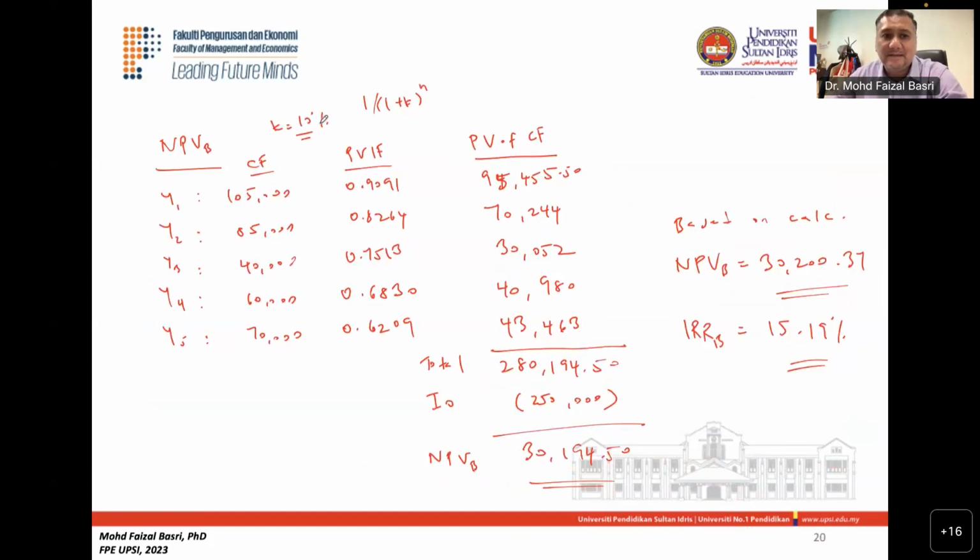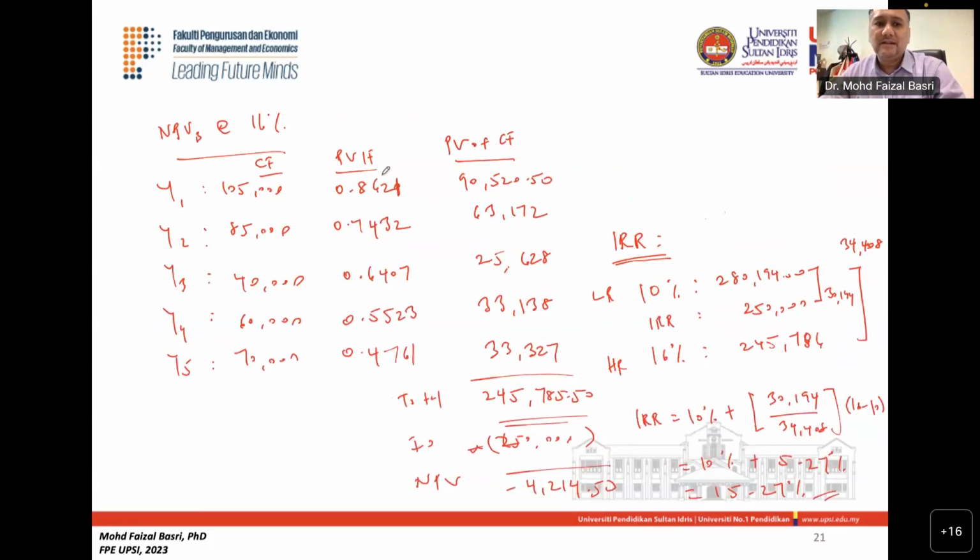Initially we have 10%, you get 30,000. So then you assume, okay, I naikkan the rate. In order to reduce the number, you have to increase the rate, because the higher the interest rate, the lower your NPV. Okay. So imagine you calculate 12%. After 10, you calculate 12%, for example. Bila you calculate 12%, imagine you still get positive NPV. Okay. You cannot stop there.